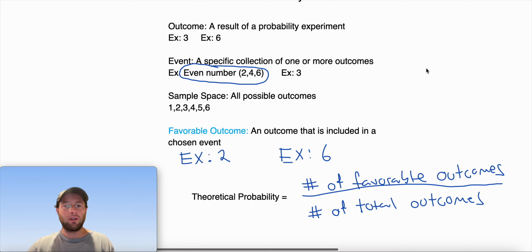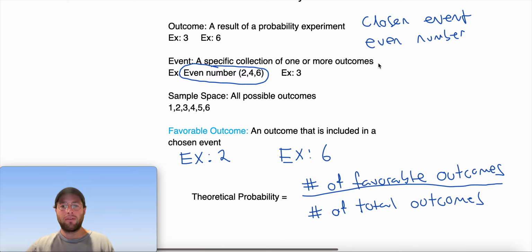Let's see a little example. Let's say that we're rolling a dice and the event that we choose is rolling an even number. If that is our chosen event, then the number of favorable outcomes we have is 3. Chosen event: even number.